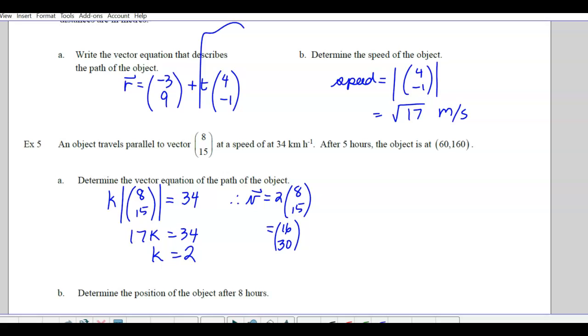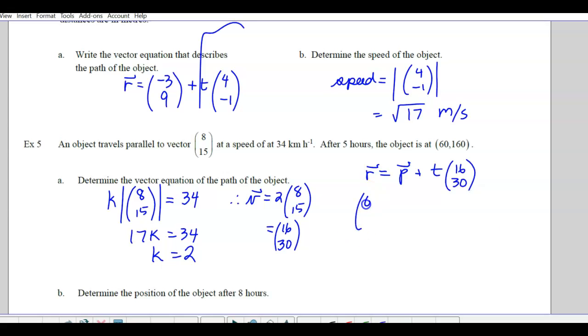Okay, kind of have to work backwards a little bit. So this is a point that we get after 5 hours. So what we know right now is that we have a position vector plus t times that velocity vector. When t is 5, we get (60, 160).